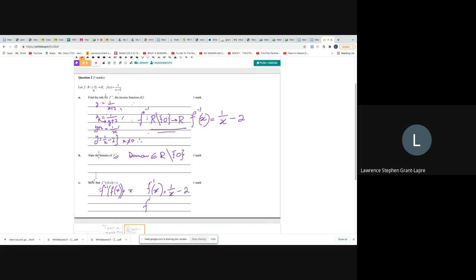So if you substitute the function of x in there, that would be 1 over, and the function of x is 1 over x plus 2. And we just have to solve that. So 1 over x, that equals x over 2, and therefore that equals x. Okay, and that's what we were asked to show, but you don't have to work through there.